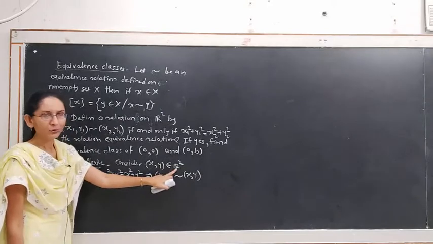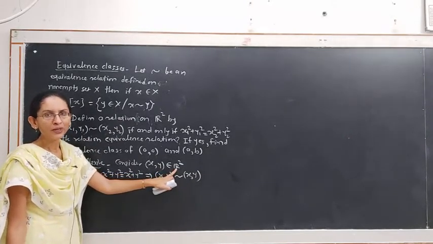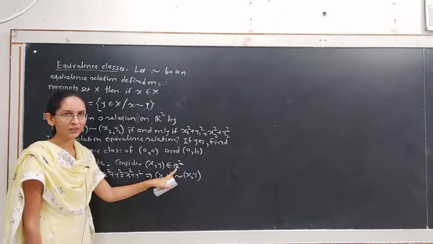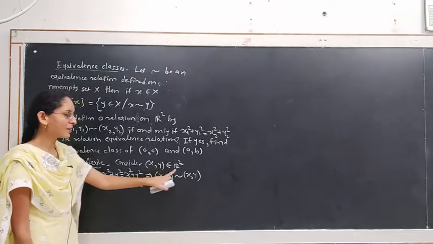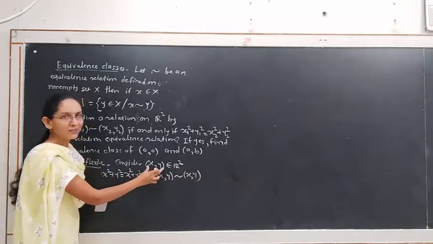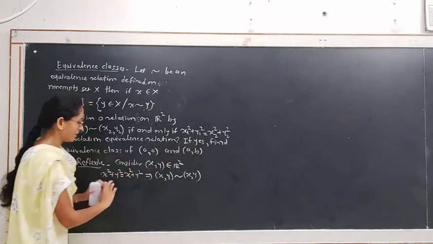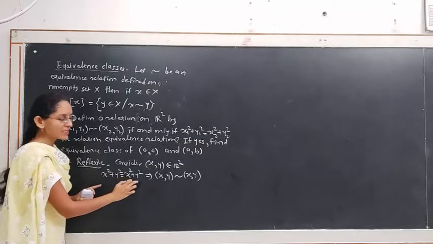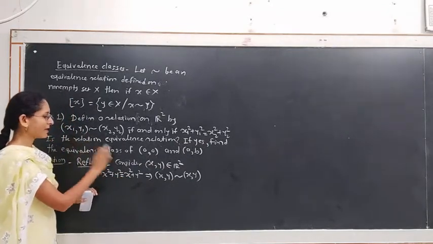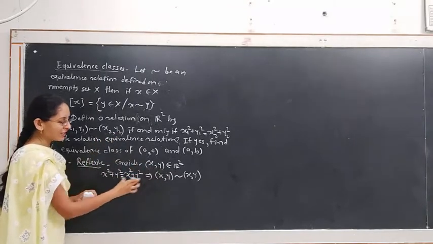Elements of set R2 are in the form of ordered pairs. We are checking whether every element of set R2 is related to itself or not. For that, consider one element of the set R2. That element is in the form of an ordered pair and it satisfies this condition. x square plus y square equal to x square plus y square implies that if we take (x1, y1) as (x, y) and (x2, y2) equal to (x, y), then we get this condition.